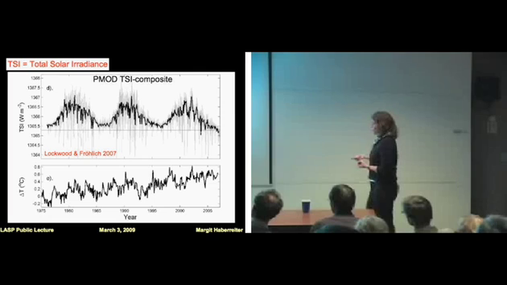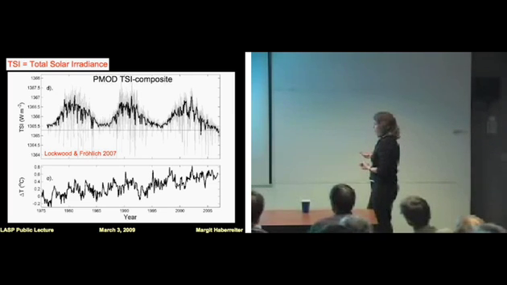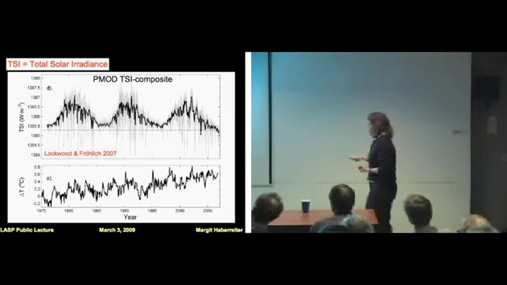And now, first of all, I would like to discuss the present time. That is the time when we have a strong, an extraordinary increase in the Earth's temperature, and compare it to the total solar irradiance again observed from space.